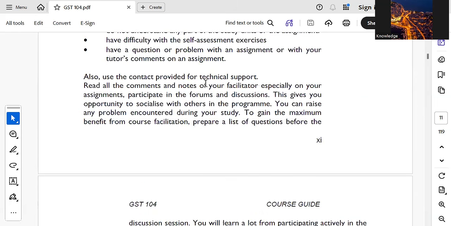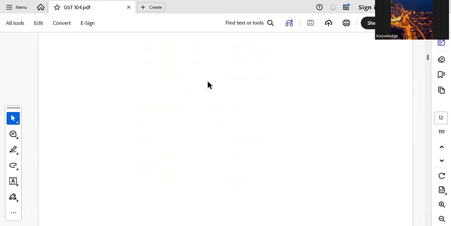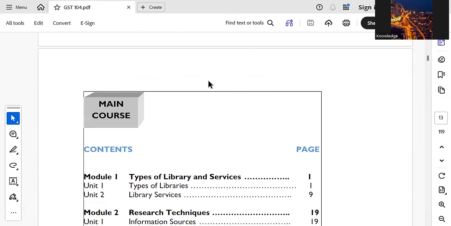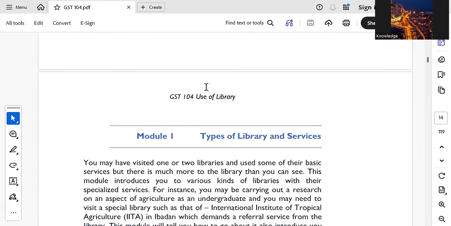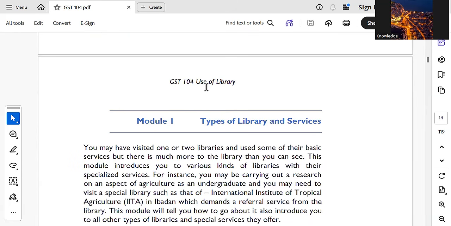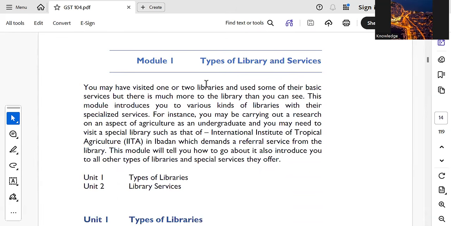So I believe you have an idea of a library now. We haven't gone deeply into it, but you should know that a library is just a place that contains a collection of books meant for borrowing. You can borrow them, or you can read them there. That is what a library is.